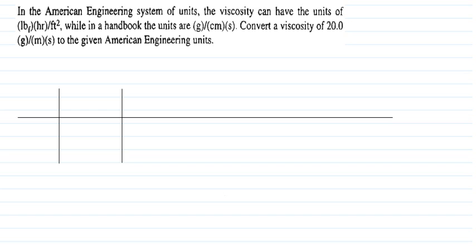The vertical lines mean that whatever is across this vertical line is in multiplication with each other, and whatever is across this horizontal line is in division with each other. Now what we have is 20 gram per meter per second.